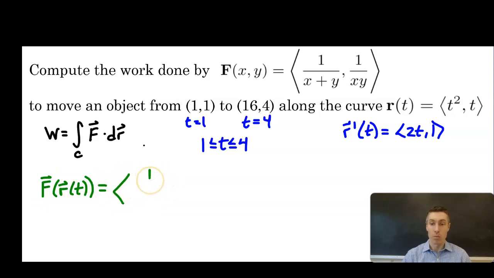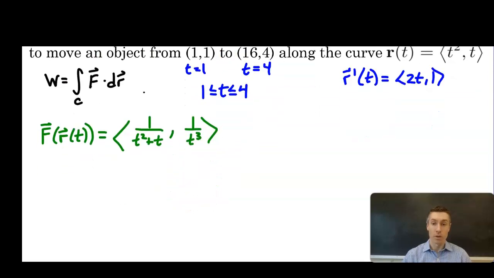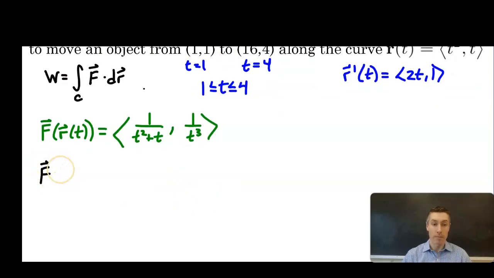So that's going to be 1 over t squared plus t, 1 over t cubed. Then we're going to dot that with our r prime of t. So we get 2t over t squared plus t, plus 1 over t cubed.